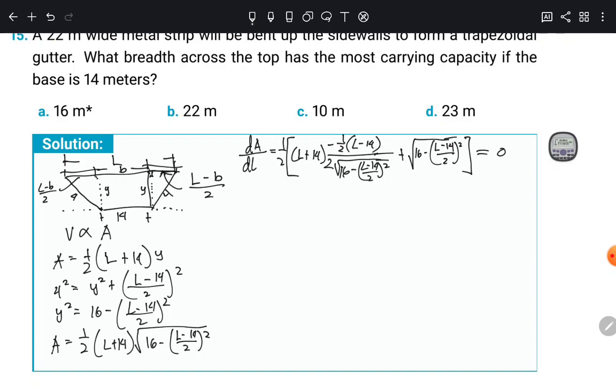Then we can cancel out some things and simplify. What can we cancel here? You can cancel that 1/2. Then we have (L + 14) times (L - 14), 1/2 and 1/2, and the 1/4. So it's 1/4 (L + 14)(L - 14).